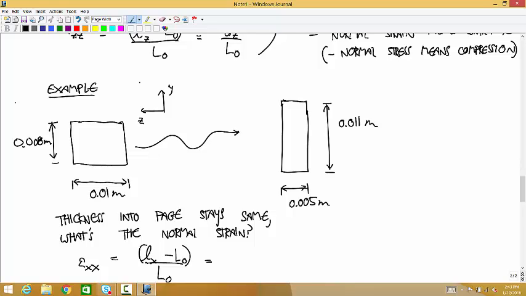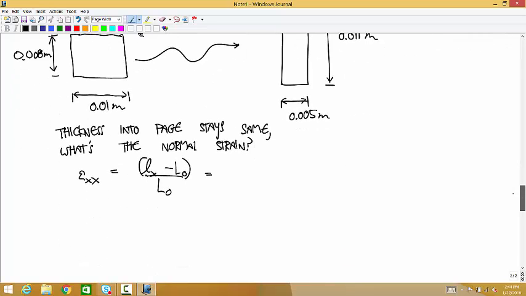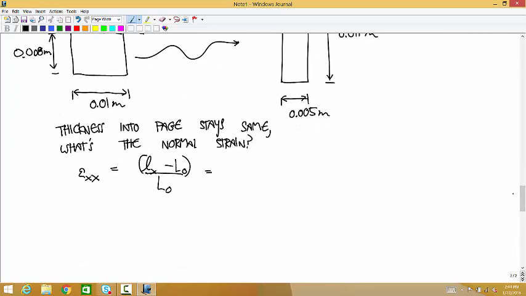What matters in each of these cases, if you're dealing with the x component of the normal strain, is the stretching or contraction along that axis. So if the x-axis is coming out of the page towards us here, what kind of change in length do we have along the x-axis?